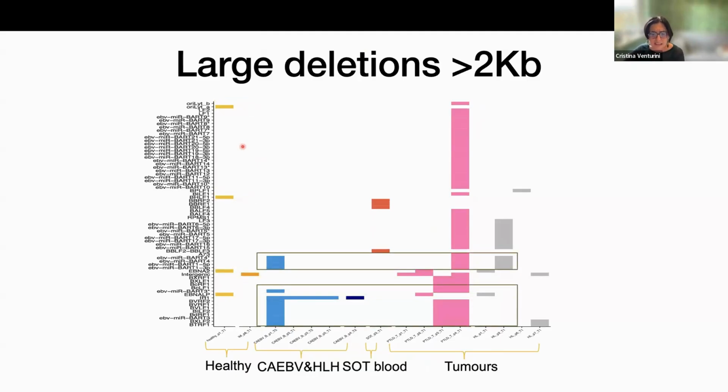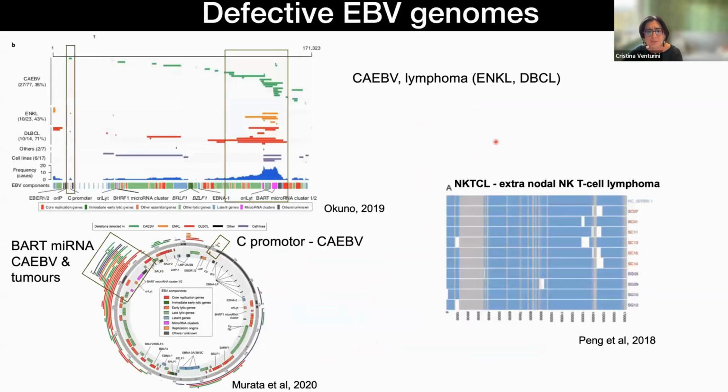We can then see that in the chronic active EBV and in the tumor, there are deletions that include the BART microRNA and also the one before in the latent genes. And especially in the tumor samples, we see a lot more deletions compared to the other samples.